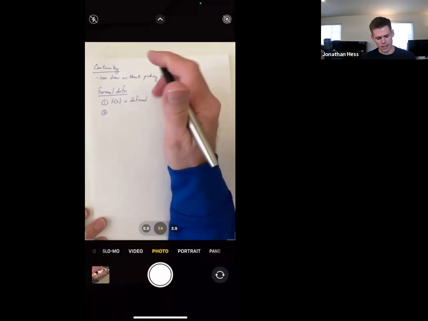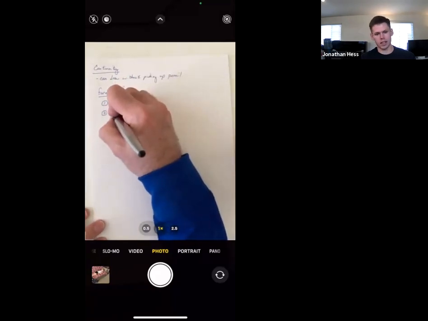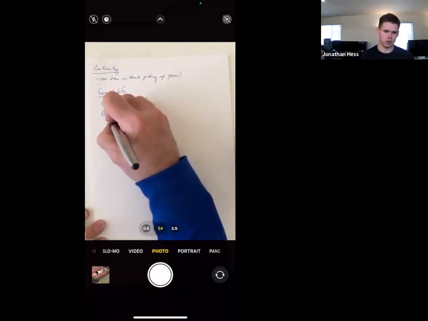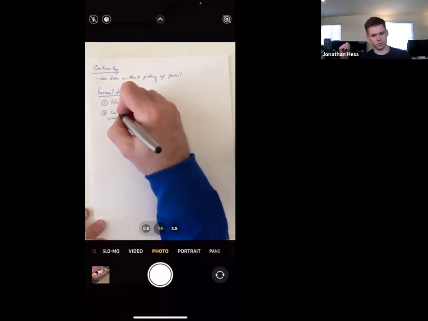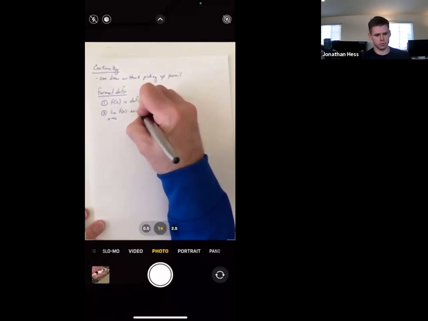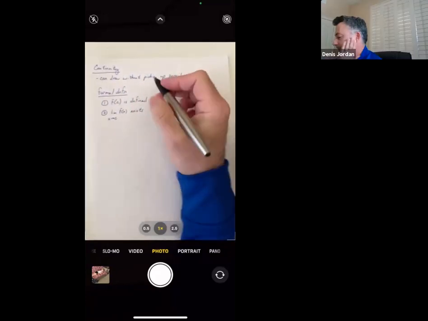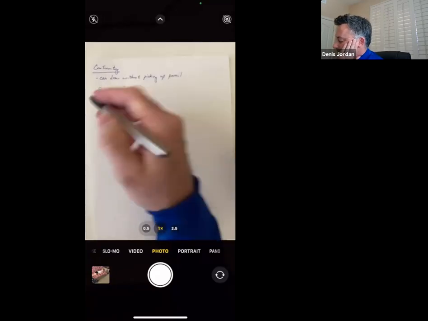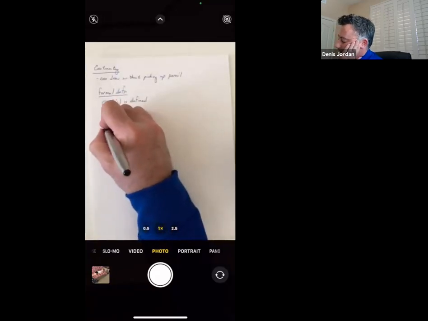The limit as x approaches c of f of x exists. Okay. And what's the third one?